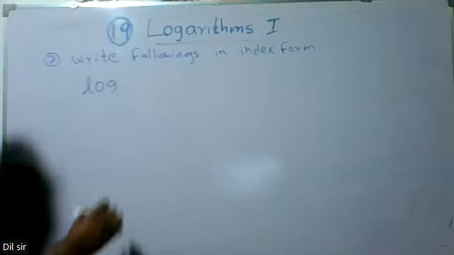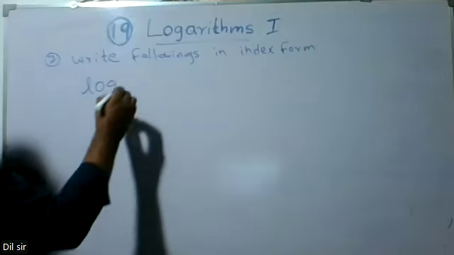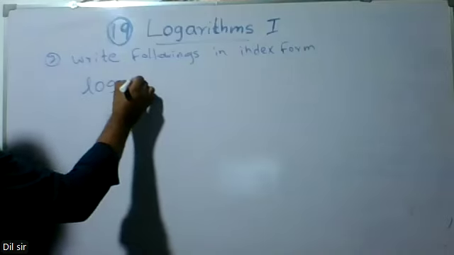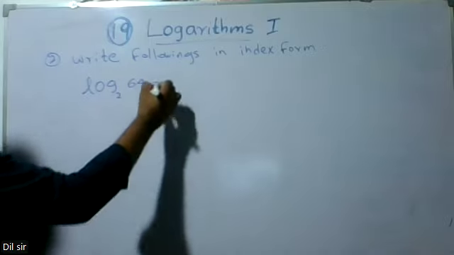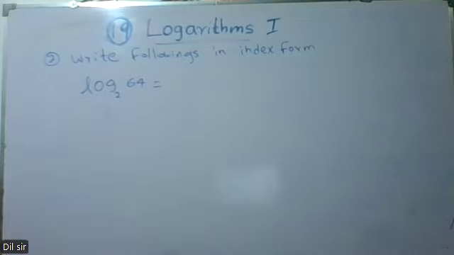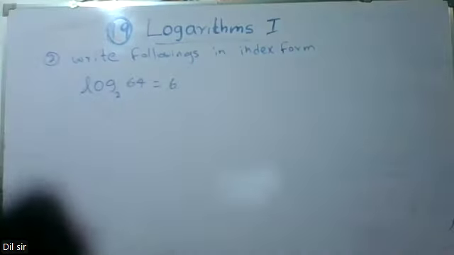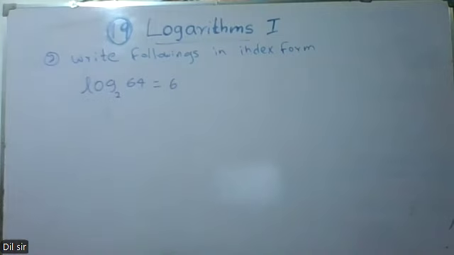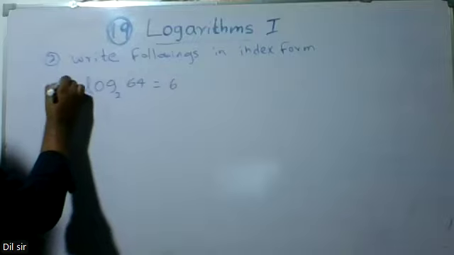First: logarithm of 64 to base 2 equals 6.